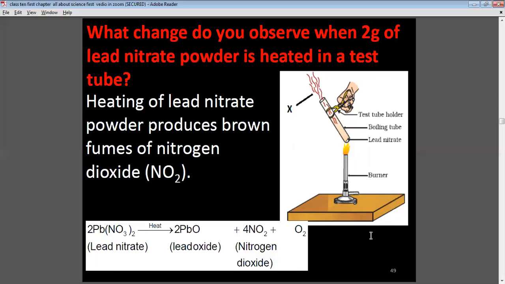Heating of lead nitrate powder produces brown fumes of nitrogen dioxide, that is NO2. 2 molecules of lead nitrate undergo heating, giving 2 molecules of lead oxide plus 4 molecules of nitrogen dioxide, and oxygen is released.